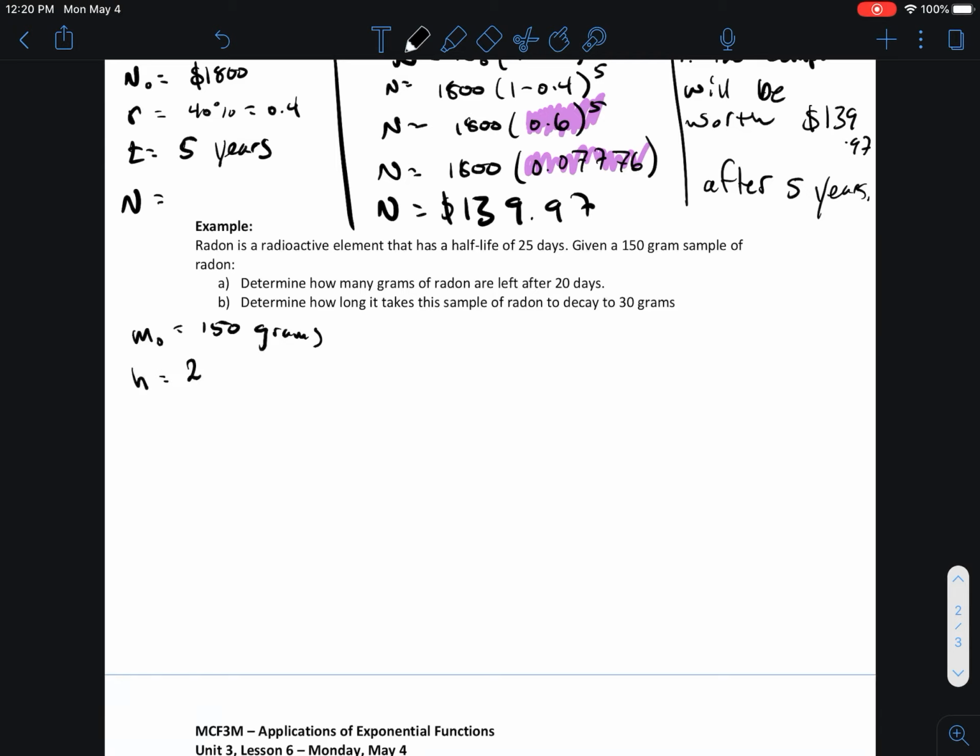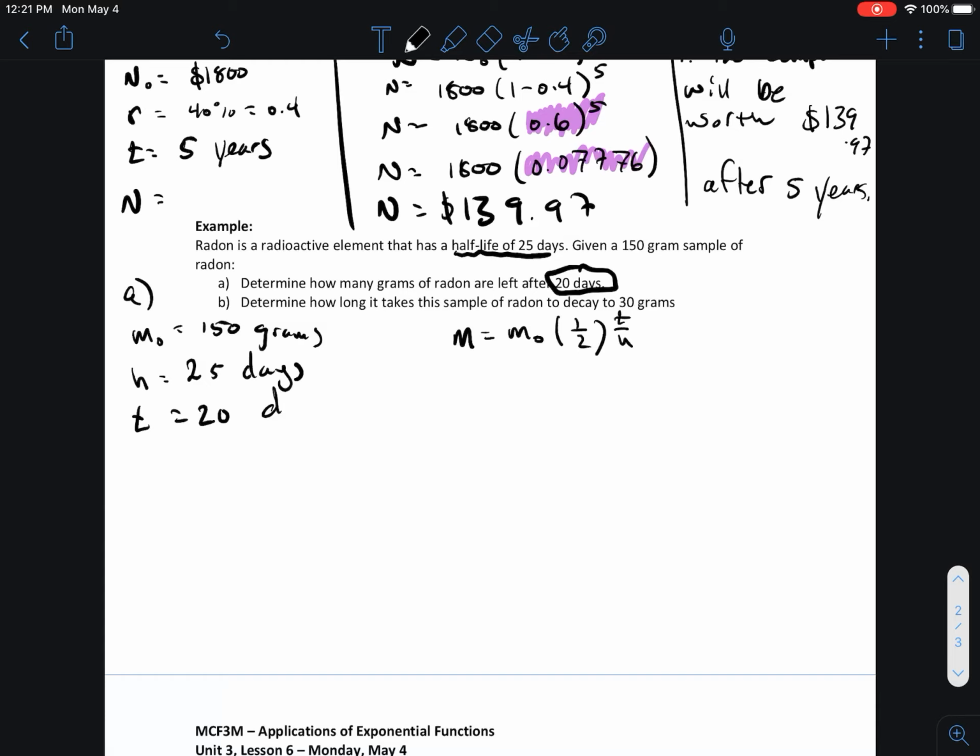And then the half-life is H. This is the half-life, 25 days. Now, if you recall the equation, and we're doing part A at the moment, M is how much mass is left after some amount of time given a half-life, so M is equal to M naught multiplied by 1/2 to the exponent of T over H. So you found H. H is the half-life of 25 days.